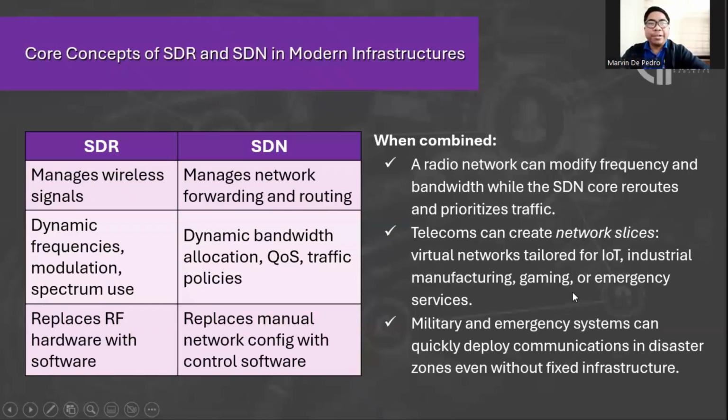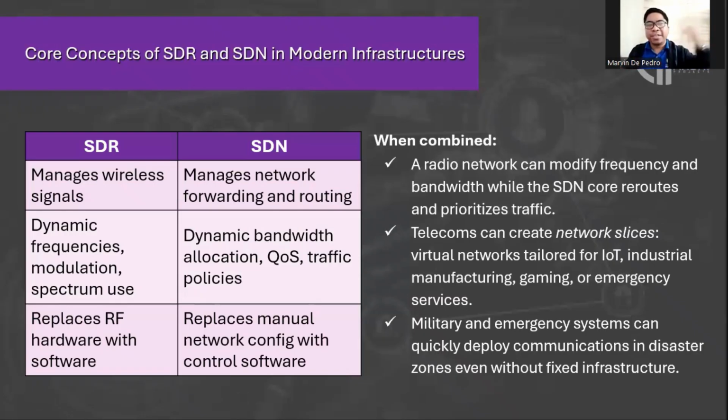Also, military and emergency systems can quickly deploy communications in disaster zones with the help of SDRs, even without fixed infrastructure. Instantly you can have new infrastructure in a selected area, wherever the disaster has taken place.